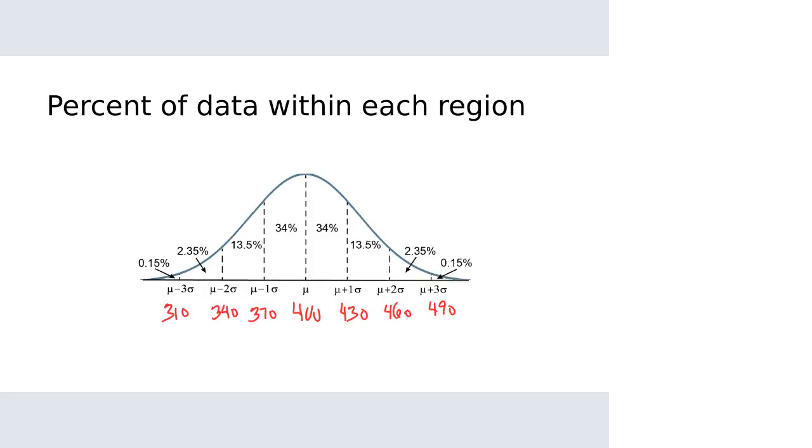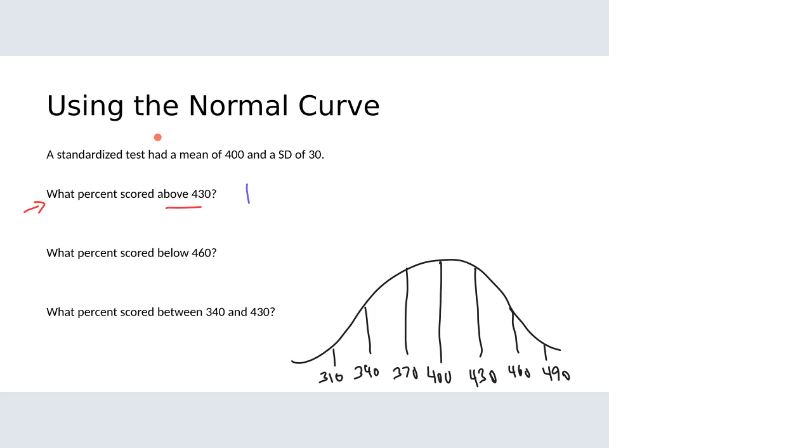So I'll go back and look at my curve that I have labeled, and I see that I have 430 right here, one standard deviation above the mean. What percent scored above 430? That's these right here all added together. And so that's 13.5 plus 2.35 plus 0.15, 16% is over there. And so what percent scored above 430? 16% did.